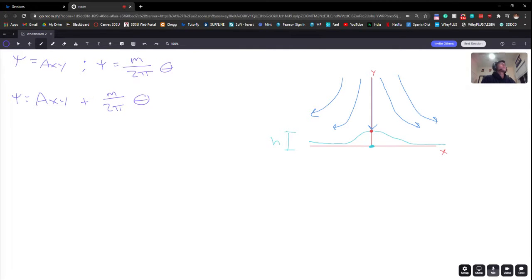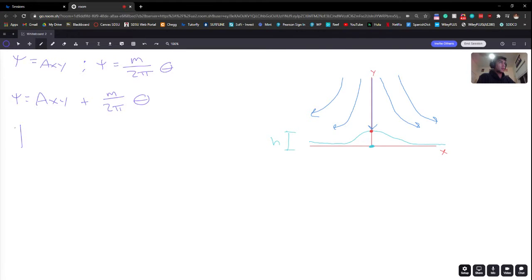Since the source part is in polar coordinates, I'm going to convert the uniform flow into cylindrical coordinates, so that we're working in cylindrical the whole way through. x and y are the same as r cosine theta and r sine theta.